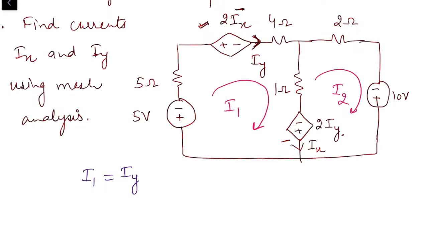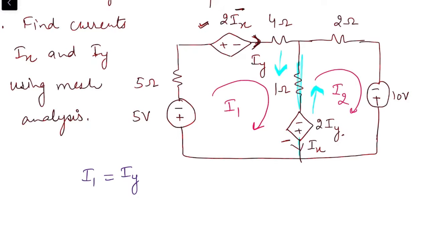And if we look for Ix, Ix is the current in this branch which is flowing in downward direction. So we want the resultant mesh current in downward direction. I1 is flowing in downward direction, I2 is flowing in upward direction.